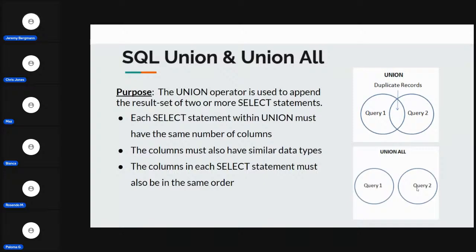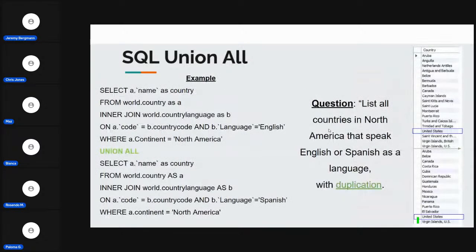We'll do an example of this next. In SQL, we're going to do a union all. This is a good example of what I was just talking about, seeing the United States being in both data sets. The question is: list all countries in North America that speak English and Spanish as a language, with duplication. This top query is going to be where the language is equal to English, and then the union all where the countries speak Spanish.